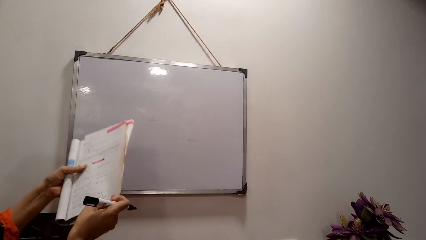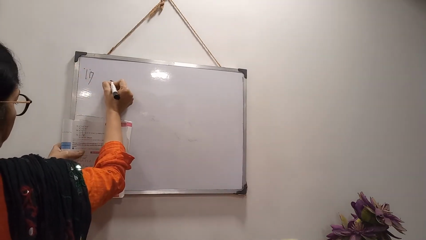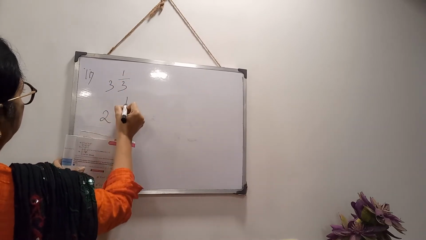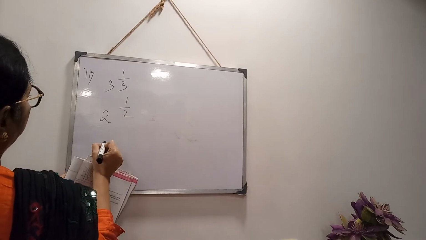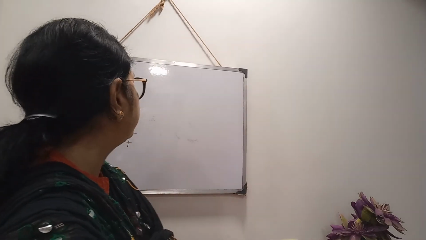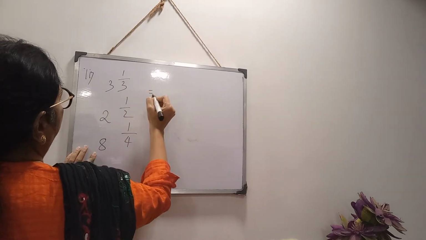What is there? Number 2: 3 to the power 1 by 3, 2 to the power 1 by 2, 8 to the power 1 by 4. Same. You have to take the LCM of the denominators 2, 3, 4. Again same LCM, 12.